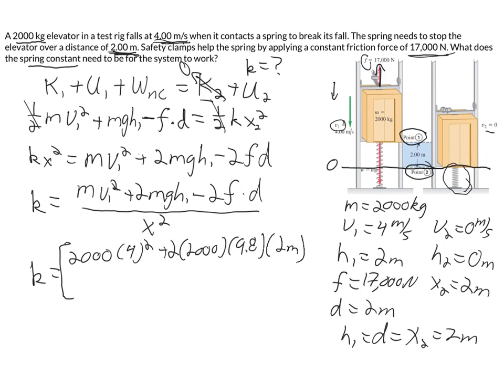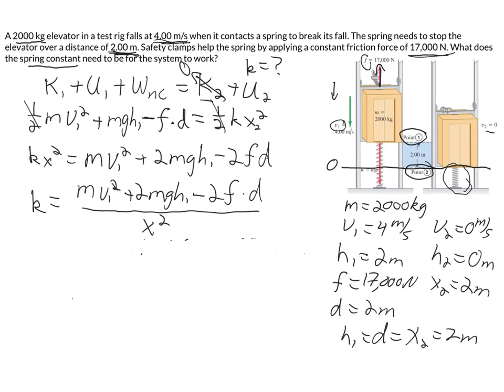I'm running out of room, so this is just not looking good. So I'm going to move down below here and calculate it where I have a little more space.